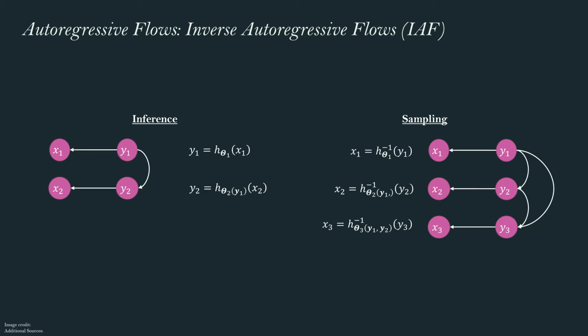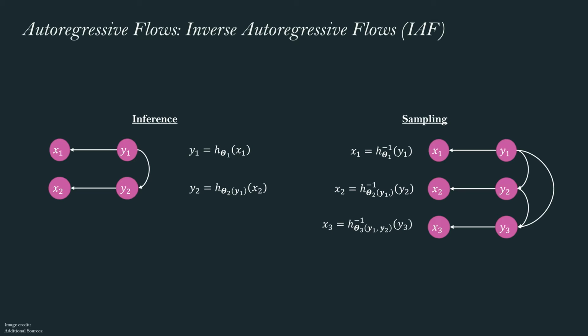So we couldn't do the inference for x2 until we actually had y1. So you can see this here: if we want to calculate y2, we need to have y1 and x2.